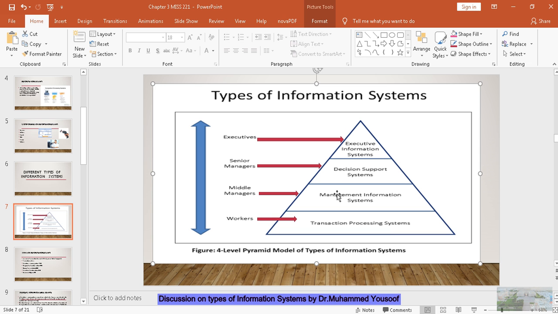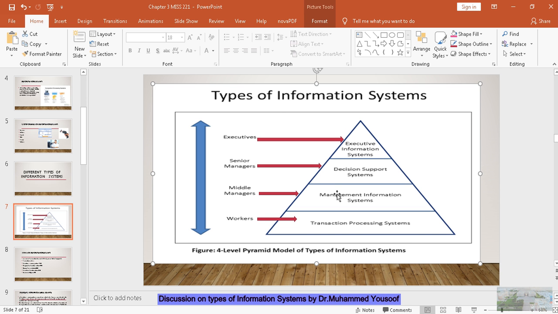If you look at the senior manager, like the dean of a college, for example, he wants to see what's happening in the whole college, in all the departments. So his view of the data is completely different. The top management wants to see how things are going in all the colleges.